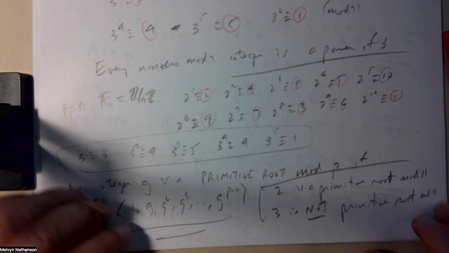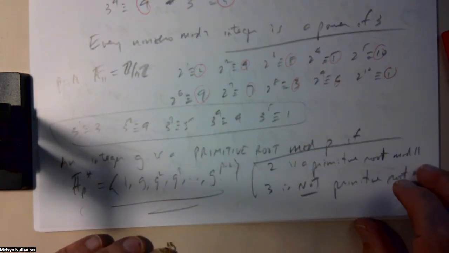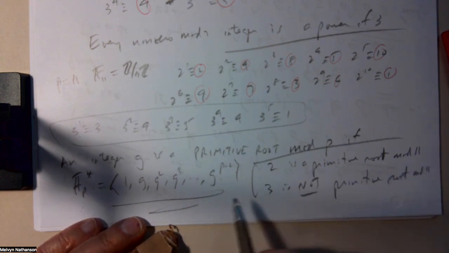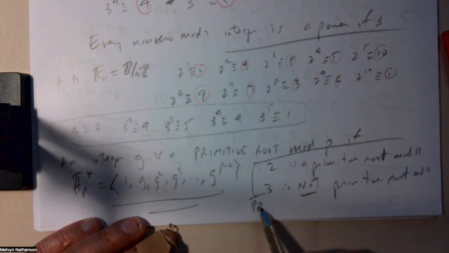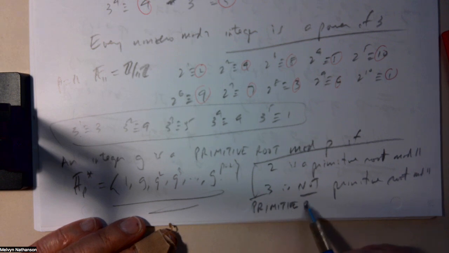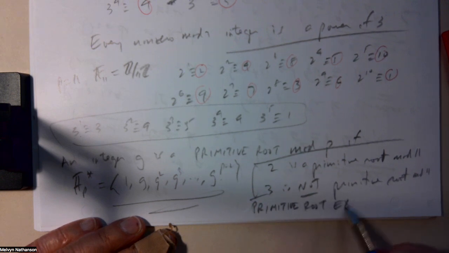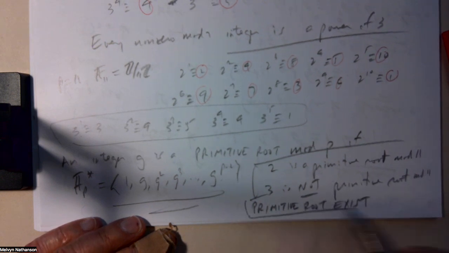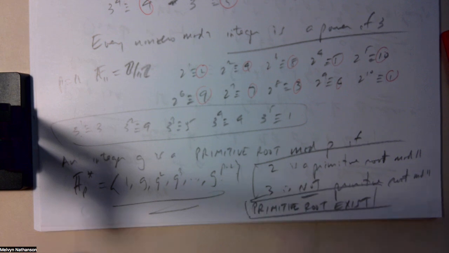And a very big theorem in number theory, which I'm going to use but not prove, is that every prime has a primitive root. Primitive roots exist. They might be hard to find for a large prime number p, but the theorem says that for every prime p, there's at least one number g that's a primitive root mod p.